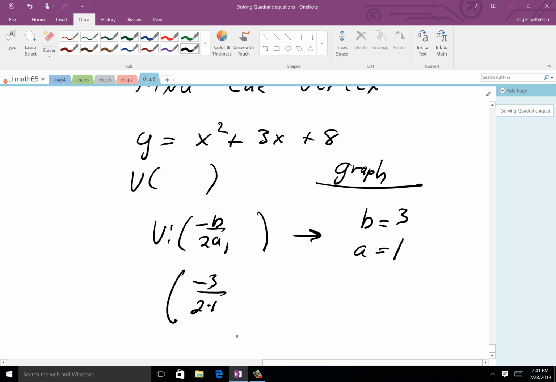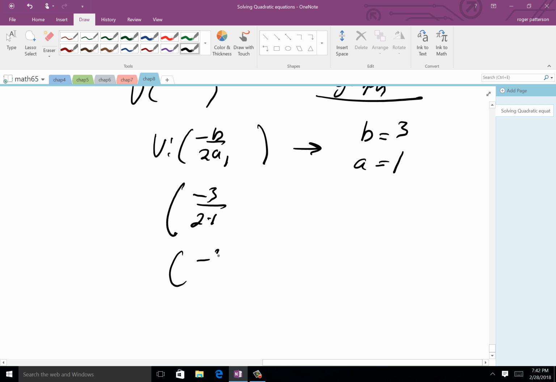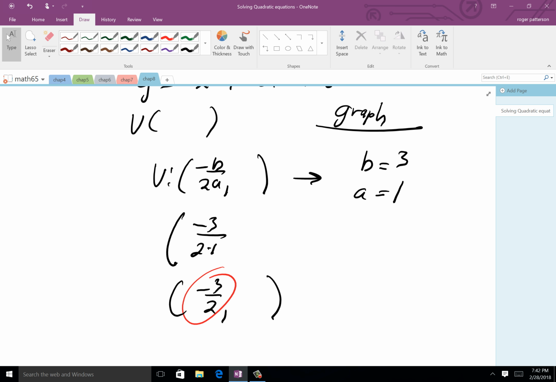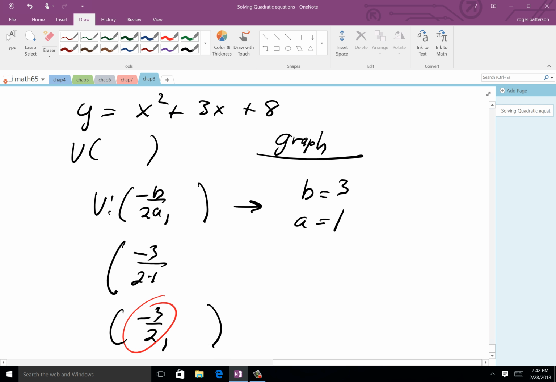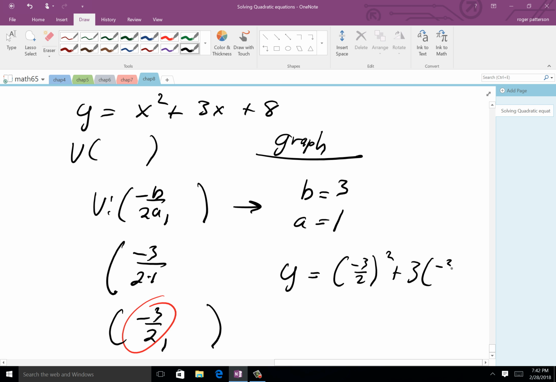So if you graph that in Desmos, then your x-coordinate is going to be negative 3 over 2. Or excuse me, then I would have to take this equation and put that nasty negative 3 over 2 in for x and figure out what the y is. And that's how you would do the vertex that way. Again, I don't really care which way you do it.